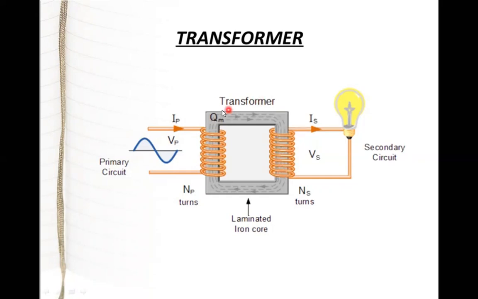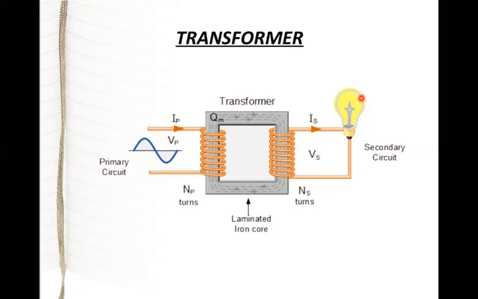Then this is an iron core, a laminated iron core. Then this is the number of turns in the primary coil, NP. These are the number of turns in the secondary coil, NS. So we are giving an input to this particular transformer as a sinusoidal wave, an AC input. And on the secondary coil, we can see that there is a current across this particular load.